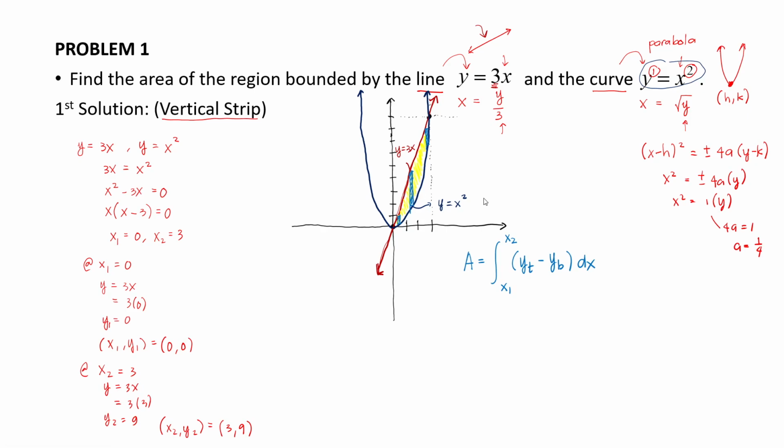The points of intersection are at (0, 0) and (3, 9). Since we are in terms of x, this would be 0 going towards 3.